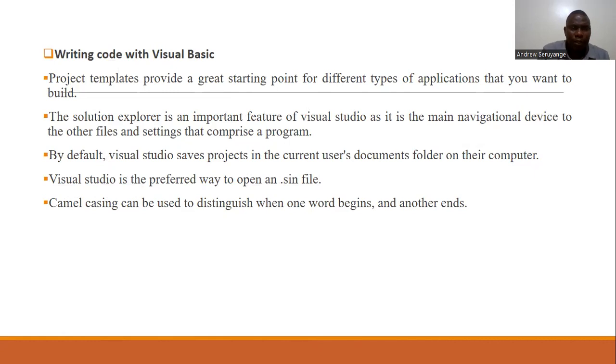By default, Visual Studio saves projects in the current user's documents folder on their computer. Visual Studio is the preferred way to open an .sln file. Camel casing can be used to distinguish when one word begins and another ends.